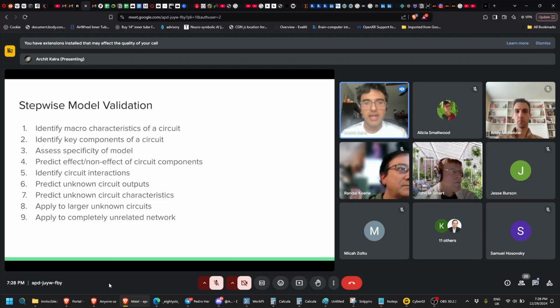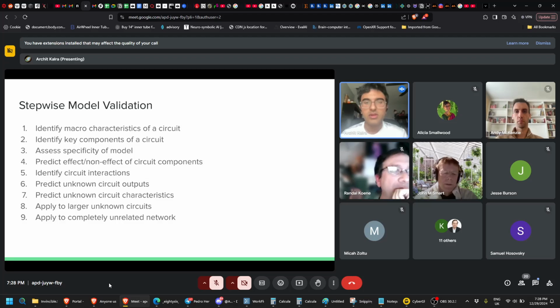Overall, what the study did was it had stepwise model validation, right? We identified macro characteristics of the circuit, identified the key components of the circuit, like focusing on specific neurons, whether it be motor neuron 9 or the gustatory receptor neuron for sugar, assessing the specificity of the model, seeing exactly what neurons are necessary or sufficient for network functionality, predicting the effects or non-effects of certain components, identifying circuit interactions.